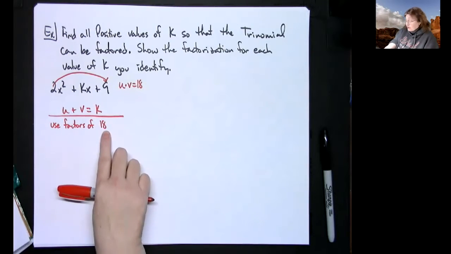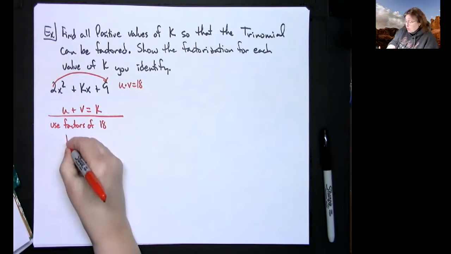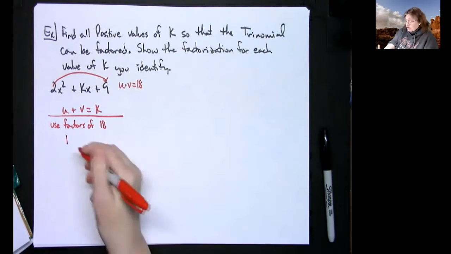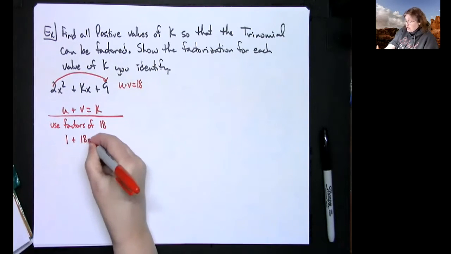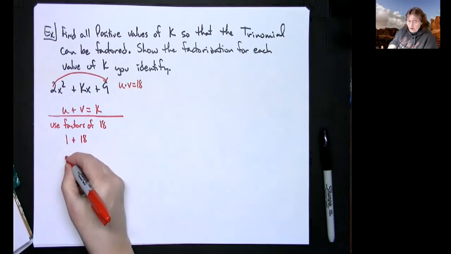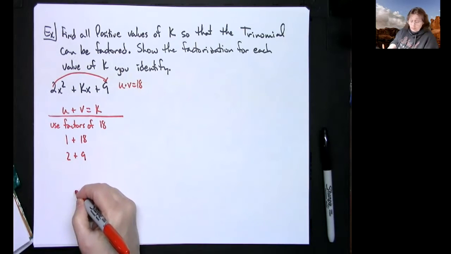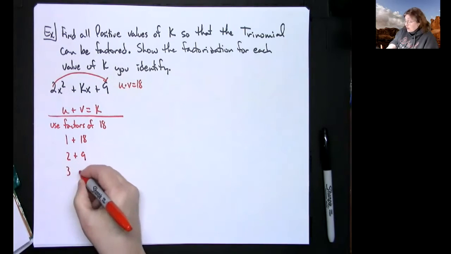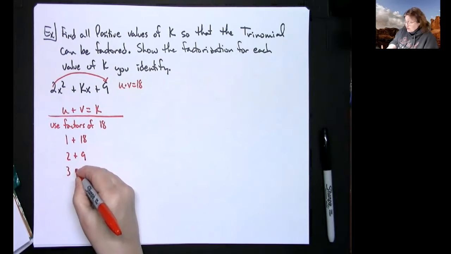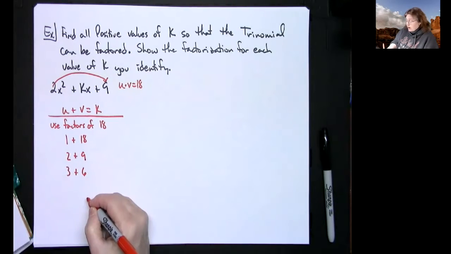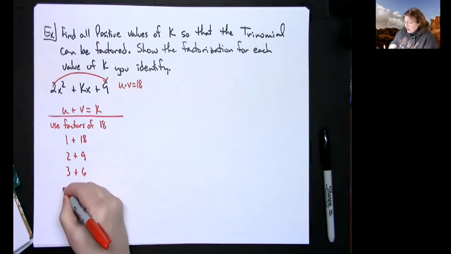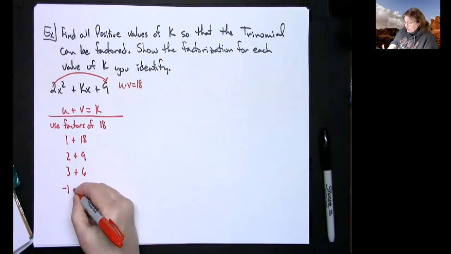Factors of 18: 1 and 18 are factors, so 1 plus 18. Another set is 2 and 9, since 2 times 9 is 18. Also 3 times 6 is 18. Now technically, couldn't I also have a -1 times a -18?